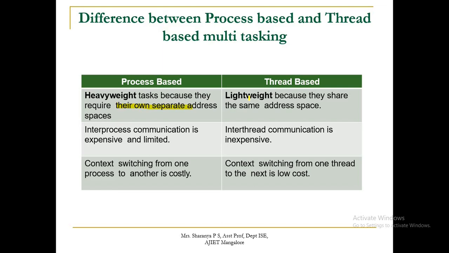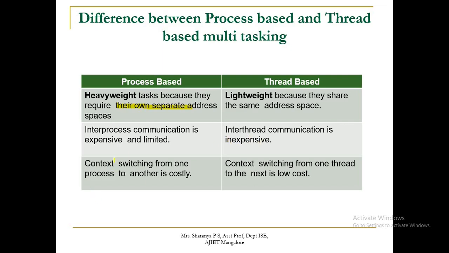One more, the second difference: inter-process communication is expensive and limited in the process-based. It is much more difficult since two processes are stored in separate memory address spaces. Whereas in the thread-based, inter-thread communication is much faster.